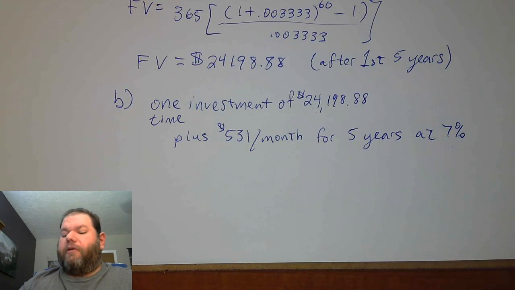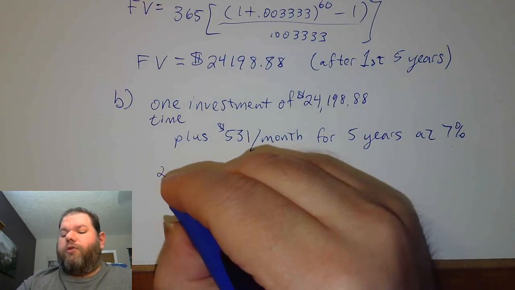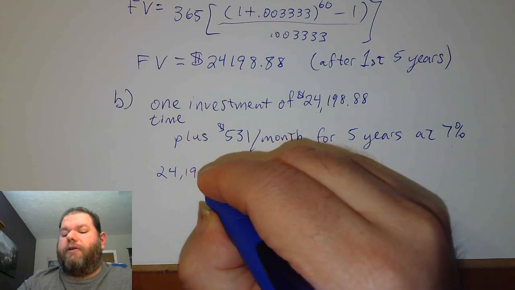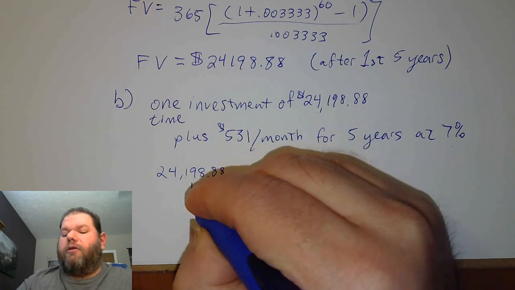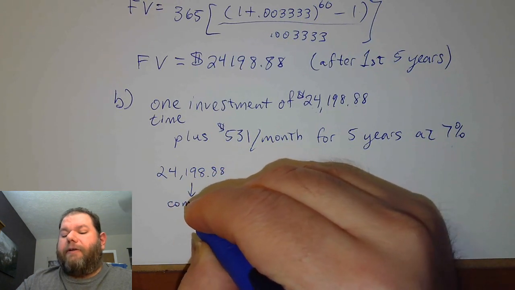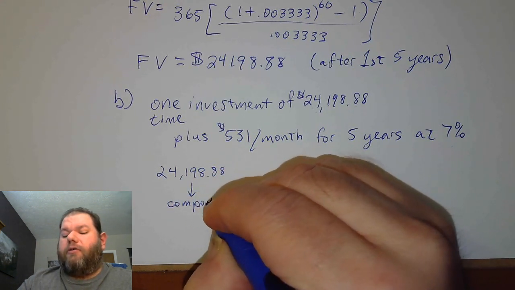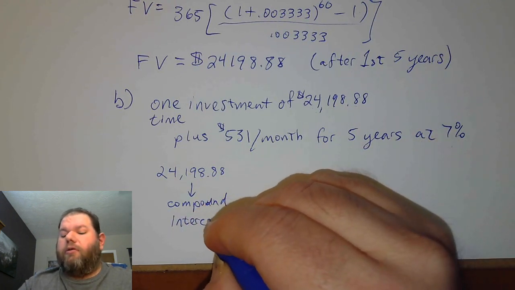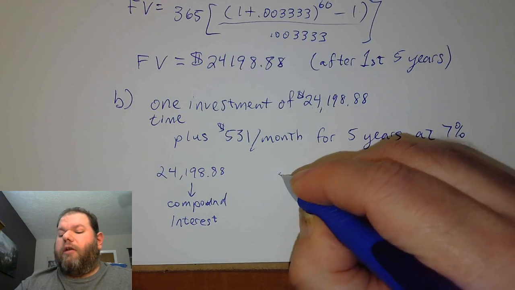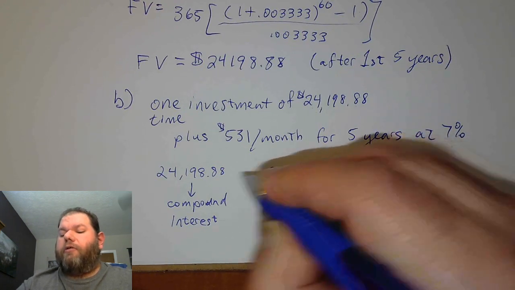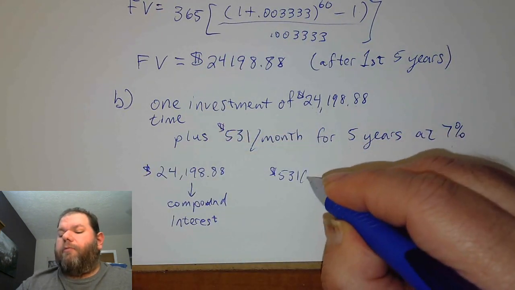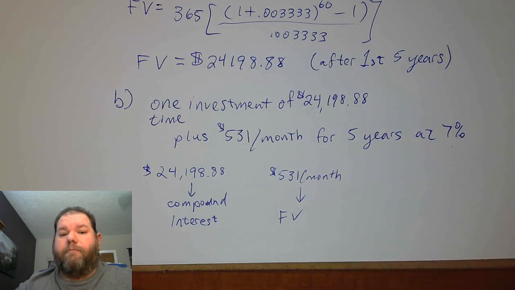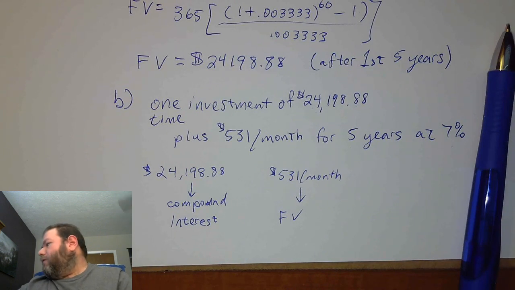So for the 24,198.88, this is just our basic compound interest. And $531 per month, this will be calculated as a future value problem.